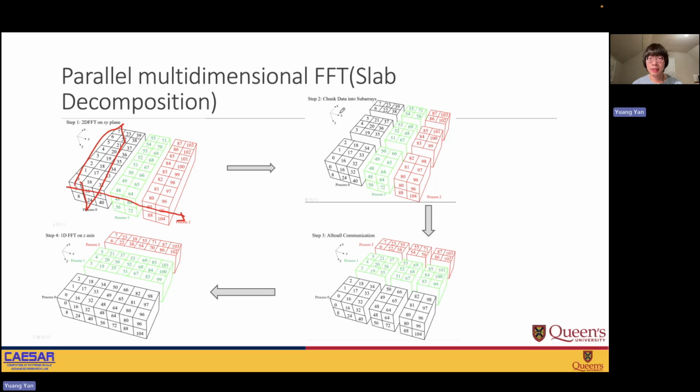Like the process illustrated in the step 2 picture and step 3 picture. Finally, the FFT on the last axis can be executed. There's one problem: if we do not change the data layout from when we first partitioned the problem, then on the z-axis the elements have the biggest stride in memory.